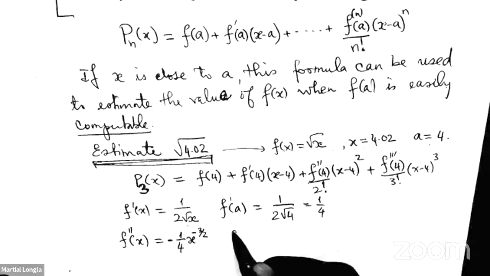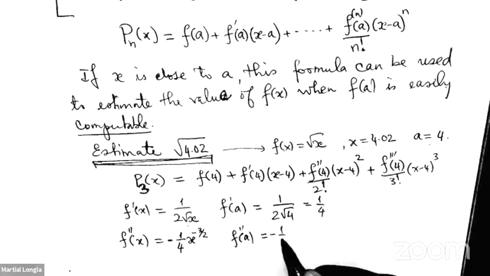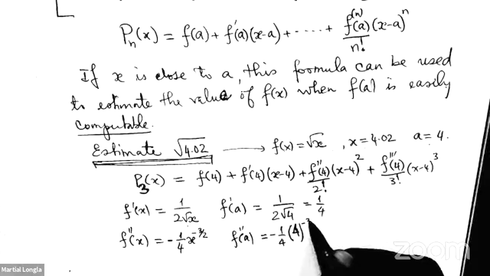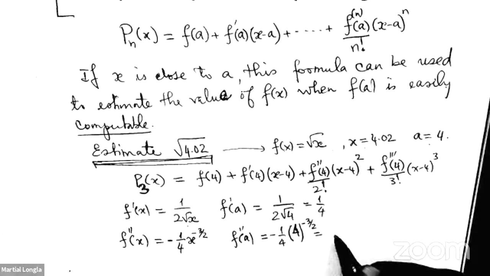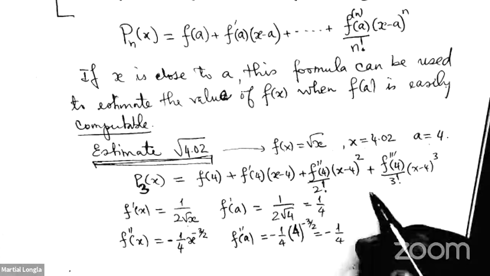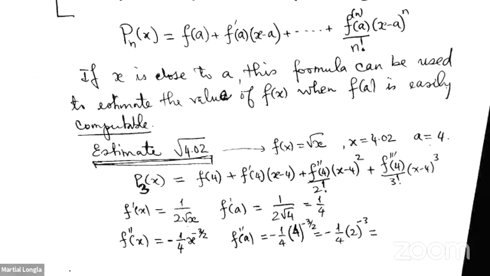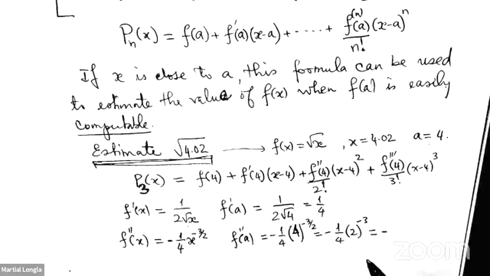And then you find the value at a, and a is 4, so that is minus 1/4 times 4 to the power minus 3 halves. That is minus 1/4 times 2 to the power minus 3, which is minus 1 over, that's going to be 8 times 4, 32.